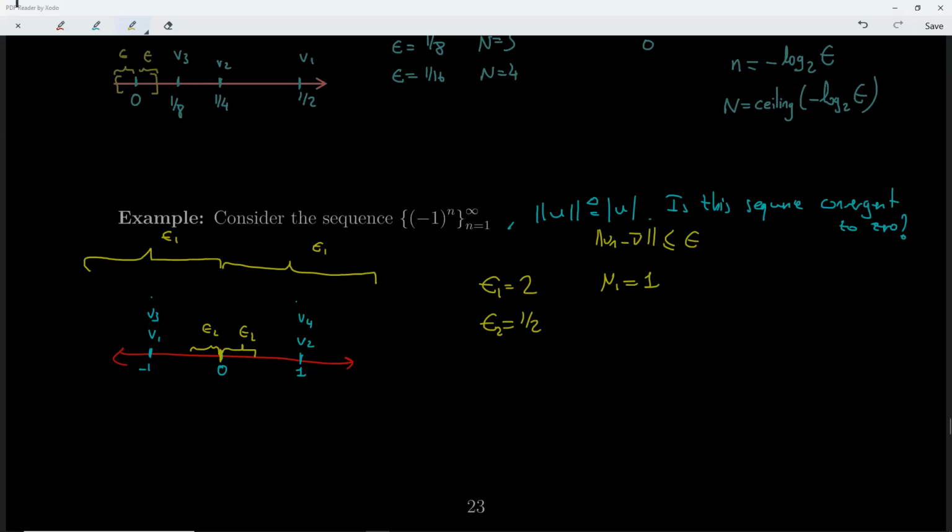Given epsilon 2 equal to 1 over 2, I can't find any n values such that the norm of Vn minus 0 is less than or equal to 1 over 2 for n greater than or equal to N. I can't find such an n value.